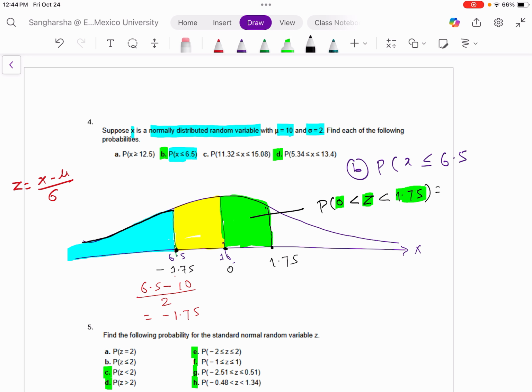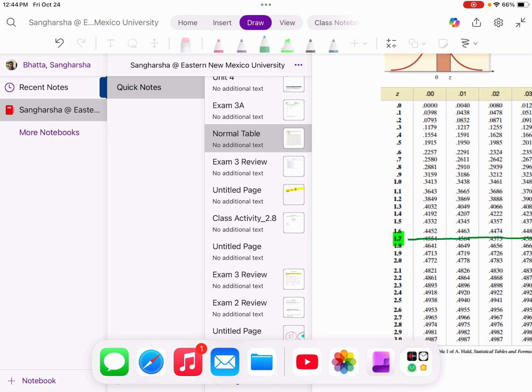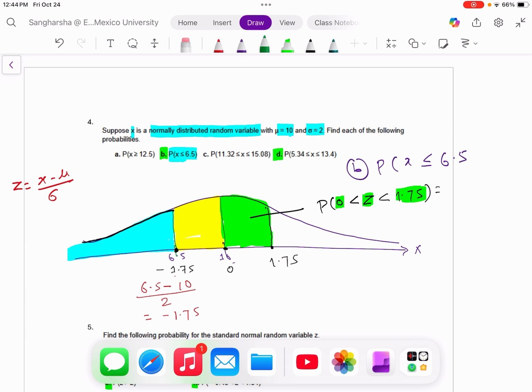So we have z equals 1.75. In the normal table we look for 1.75, so 1.7 is here and 0.05 is here, so the corresponding value is 0.4599.